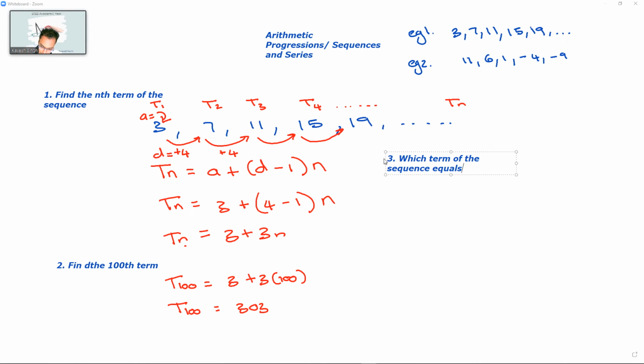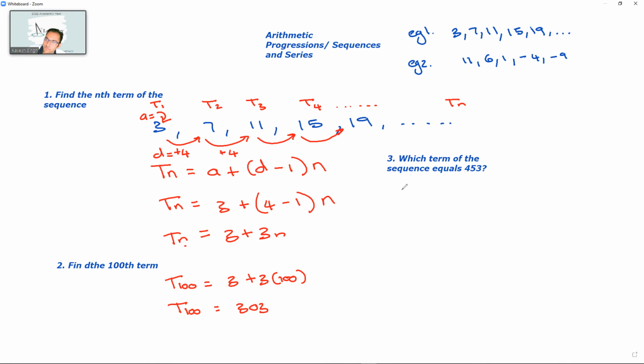So let's say 453. Which term equals 453? What you're doing for this one is they're actually asking you to find the nth value, where T is equal to 453.